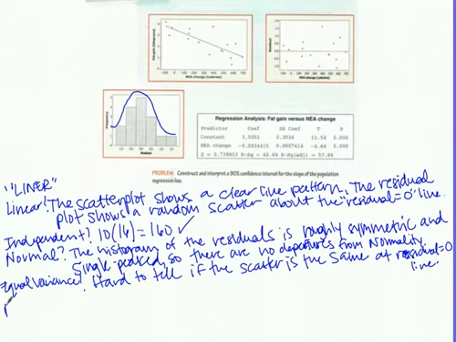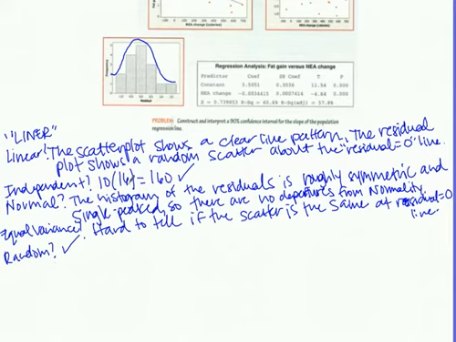Next, we move on to R, which stands for is it random? In the problem, it says that people were randomly selected to participate. Because all of these work out, we are safe in doing inference for the regression.